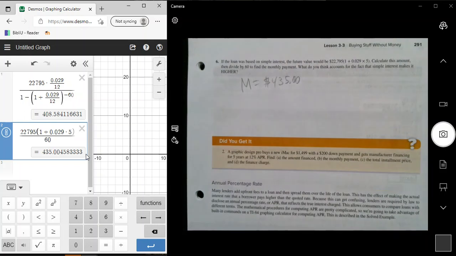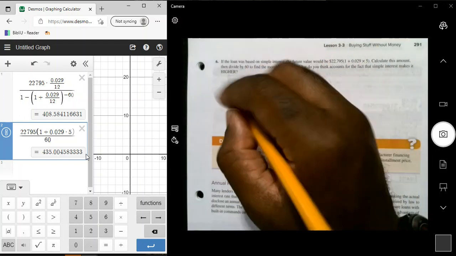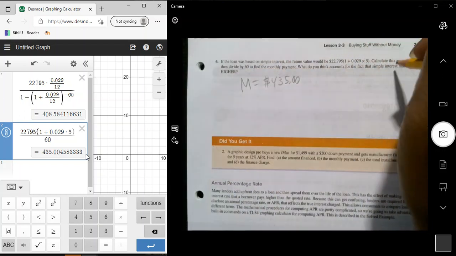Now it says with the fixed installment loan, so what do you think accounts for the fact that simple interest makes it higher? Then we could just say it like this.